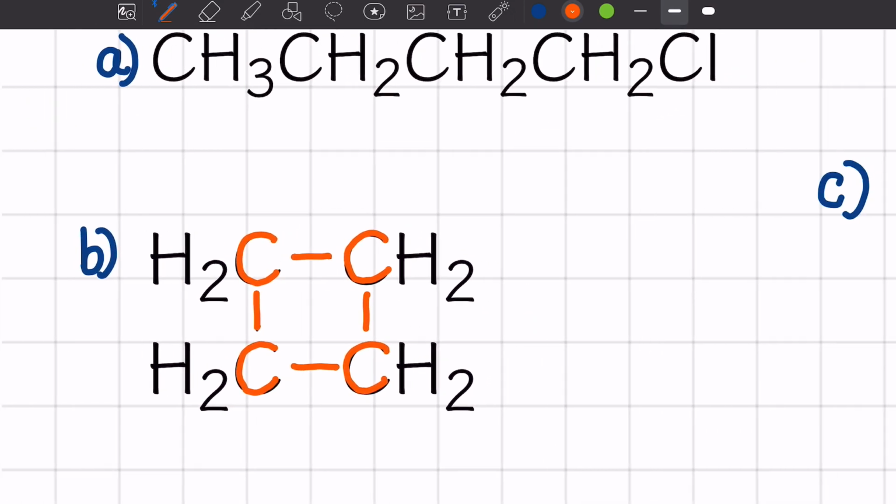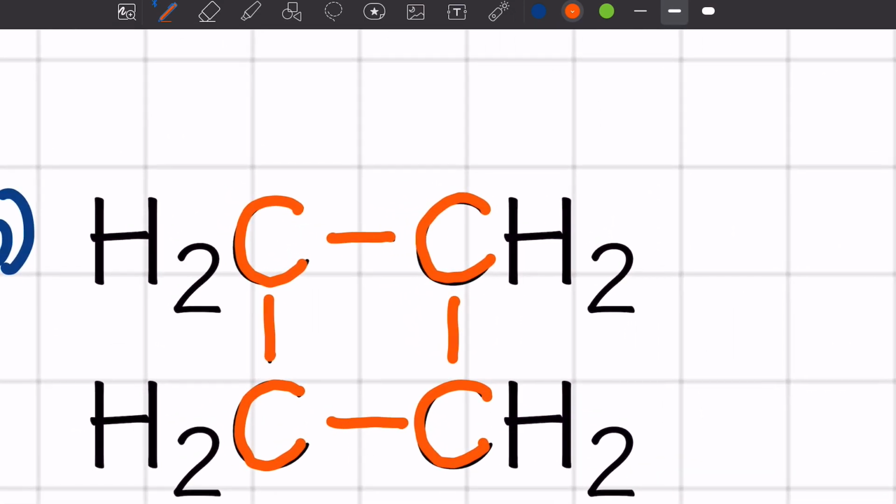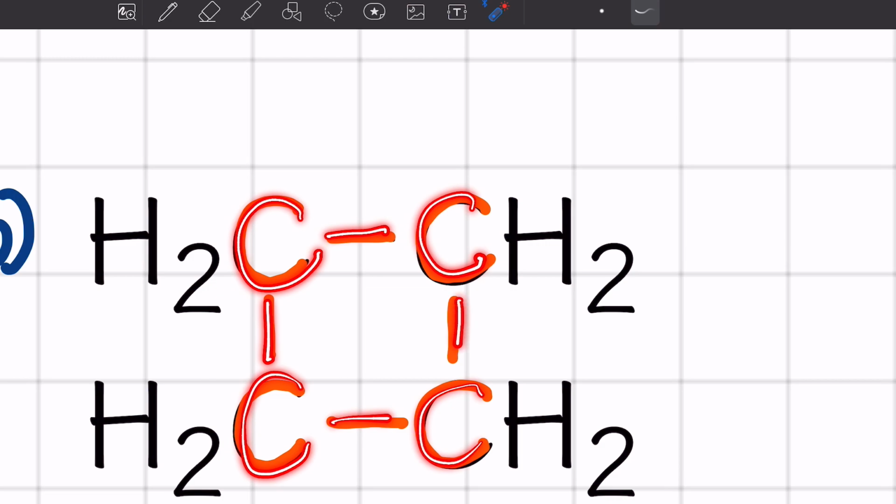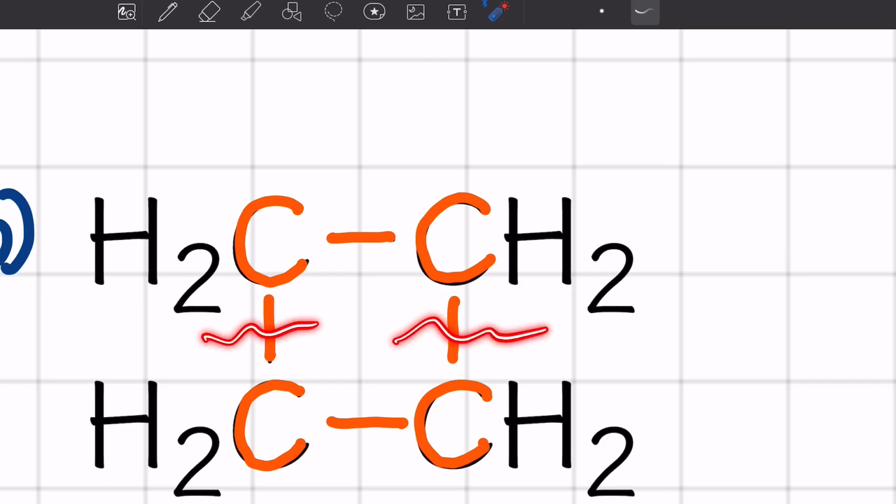Apa yang awak kena lukis adalah bond antara C dengan H ni kita tak perlu tunjuk. Ini bukan expanded structure, ini condensed. Tetapi C dengan C untuk cyclic compound awak kena tunjuk, untuk menunjukkan bahawa dia adalah segi 4. Kalau tidak, dia akan terputuslah, dia bukan segi 4 sudah.